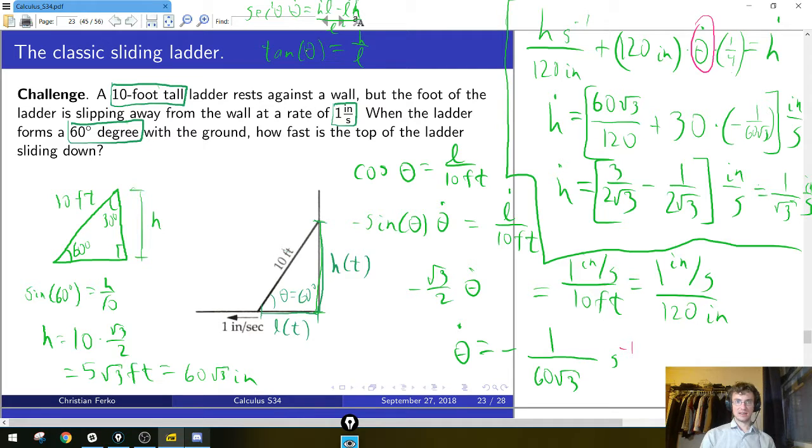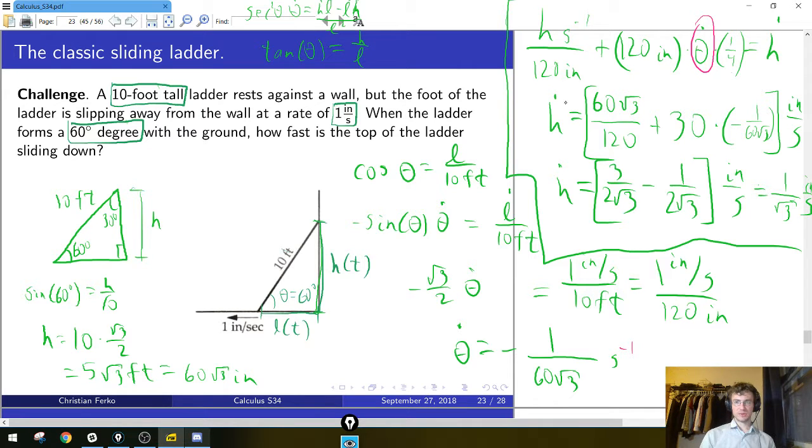differentiated to get secant squared theta theta dot equals h dot L minus L dot h over L squared, which means h dot equals, let's see, L secant squared theta theta dot over L, which is secant squared theta theta dot, plus L dot h over L. This seems all right.